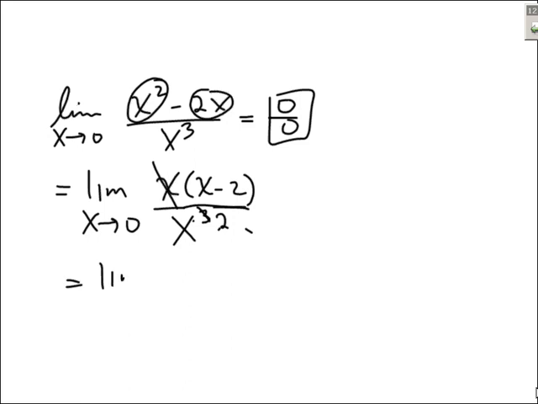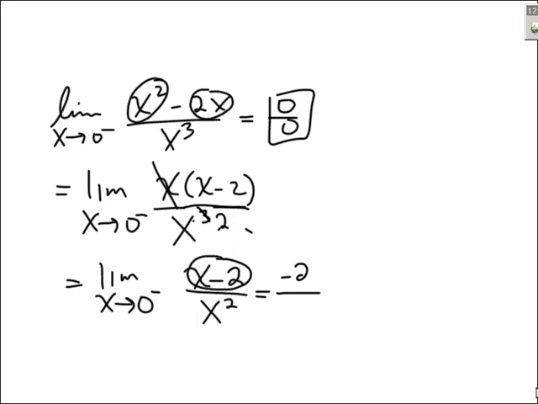So, right now, what we have is the limit as x goes to 0 from below of x minus 2 over x squared. Well, the numerator is 0 minus 2, that's negative 2, a non-zero number.